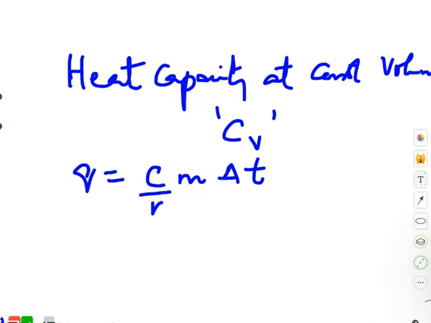Now, sir, how did it become Cm, sir? How did that specific heat capacity become molar heat capacity? Then Cm is equal to heat capacity by number of moles. Then n is equal to 1 and delta T is 1.